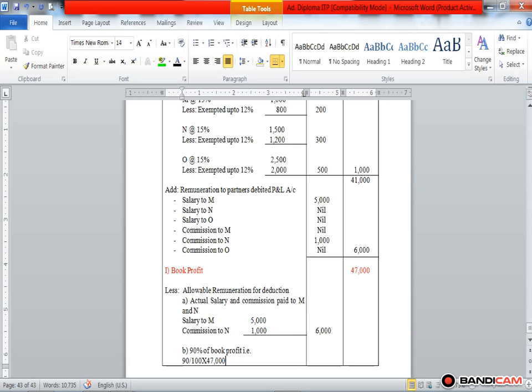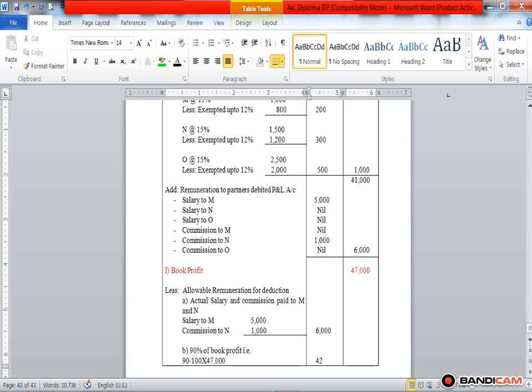So we get 90% of book profit. So here 90 divided by 100 multiplied by 47,000, that is 42,300.